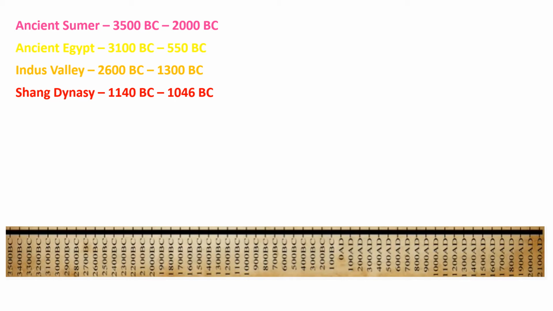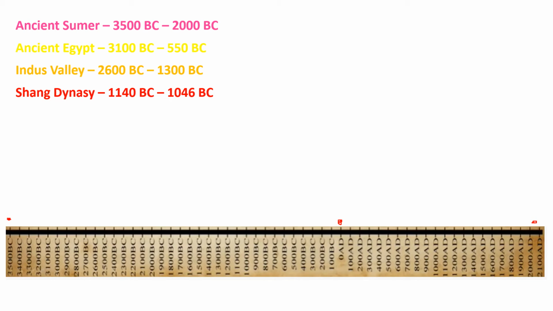If you look at the very left-hand side, we've got 3,500 BC, which is over here. And if you follow the timeline along, we've got 0 AD here, and all the way up to where we are, or round about where we are today.